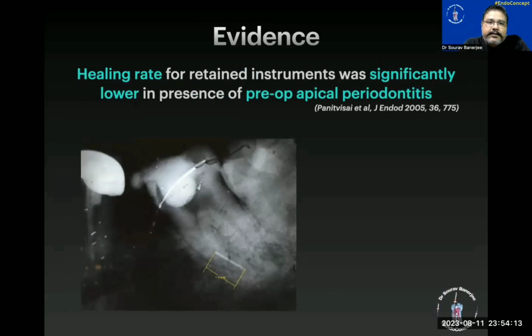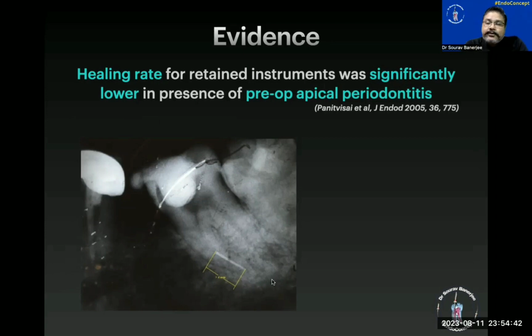Another evidence says that the healing rate for a retained instrument was significantly lower in the presence of preoperative apical periodontitis. As we can see in this image, there is no periapical lesion evident on the radiograph, but the patient had apical periodontitis and the tooth was symptomatic.